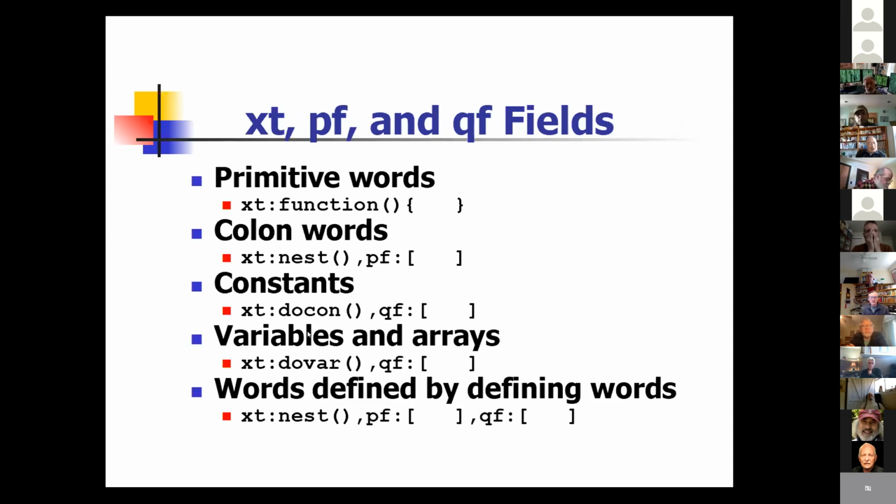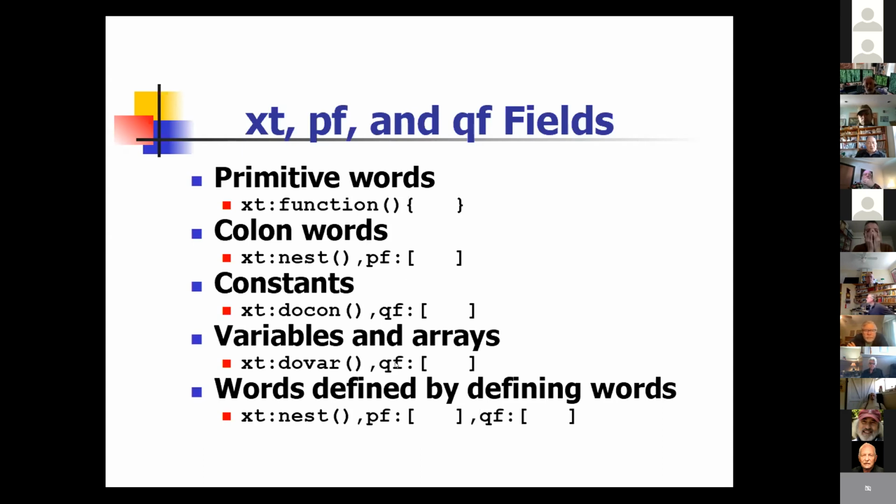So let me just restate that the primitive word has a function in its code field, and the colon word has nest in its code field, and it has a token list in its PF field. Constants have do count in the code field and their value in the QF field, and variables and arrays have their data in the QF.